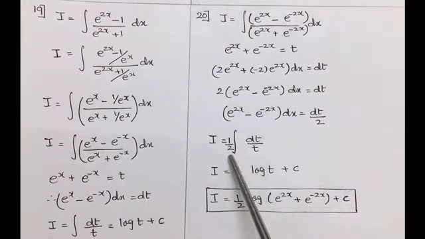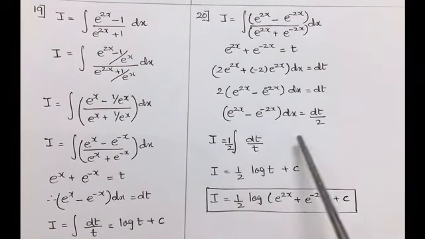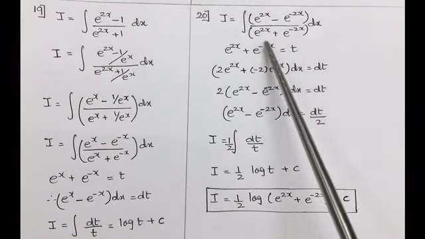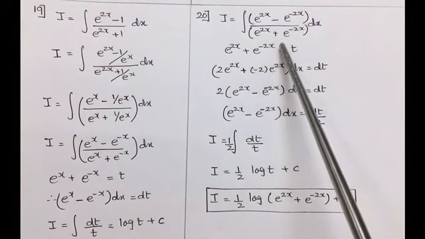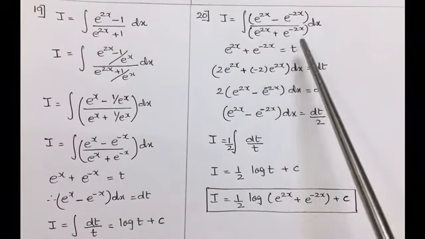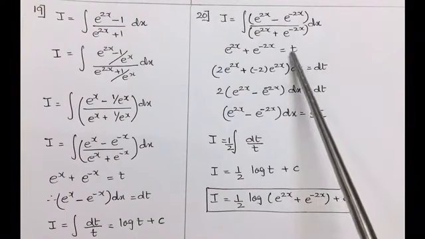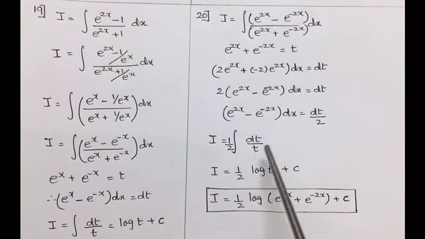So 1 by 2 is kept out. And for the downside, that is e raised to 2x plus e raised to minus 2x, keeping the value as t, we are left with integration of 1 upon t. 1 upon t integration becomes log t plus c, keeping the value of t as e raised to 2x plus e raised to minus 2x. This becomes the final integration.